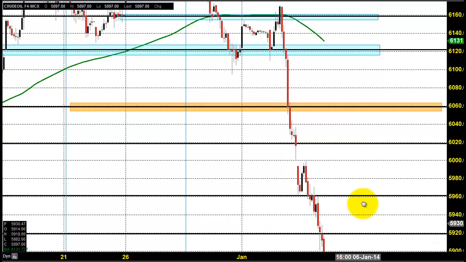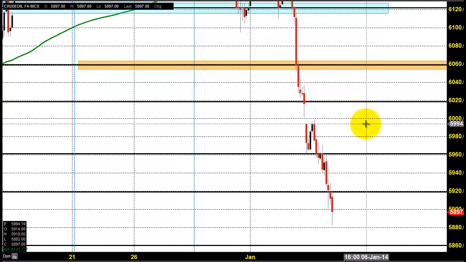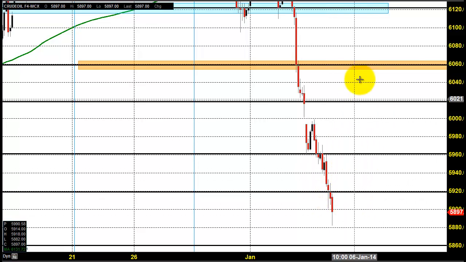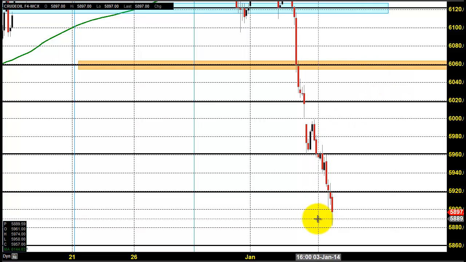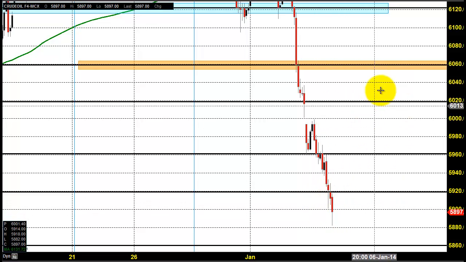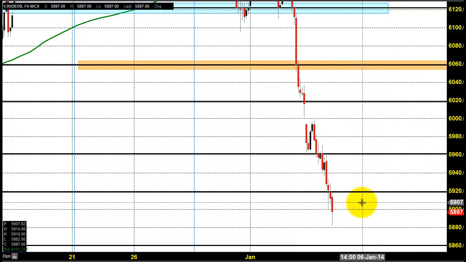Why I am explaining all these things is that the crude is expected to stay in downtrend till 6060. On various resistance zones, you know that support and resistance interchange themselves. So till these zones you can go for selling.